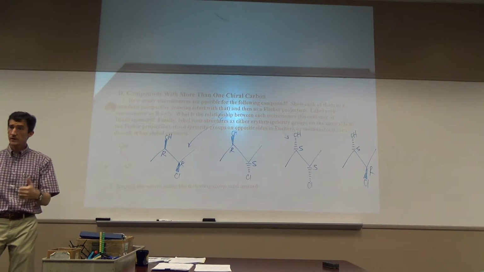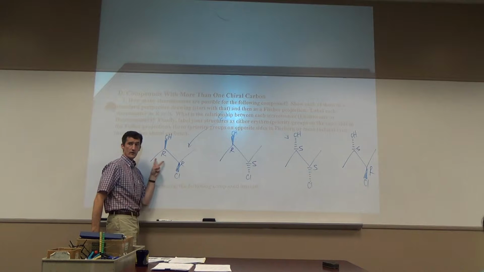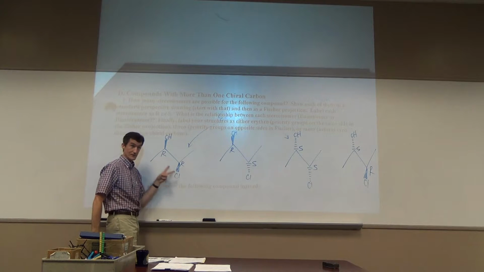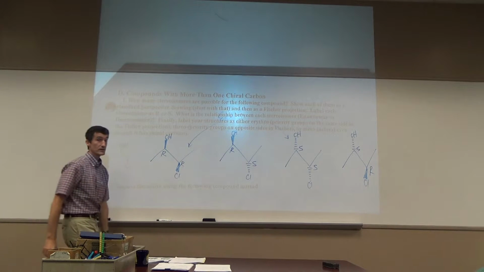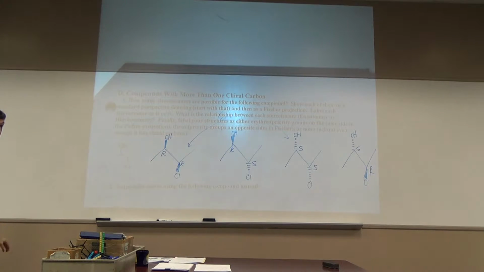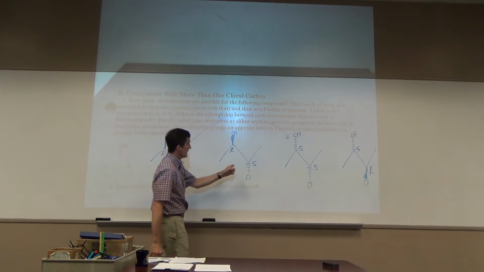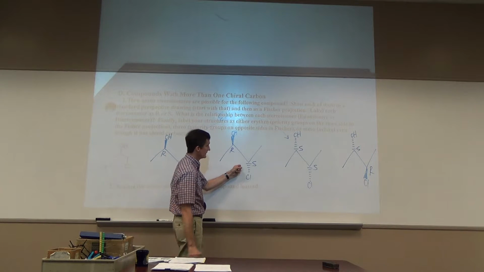But isn't the mirror image where everything is switched? What's the mirror image of R? That's S. Trust me, it is. You can prove it to yourself. Okay. Where's the enantiomer of this one? All right.